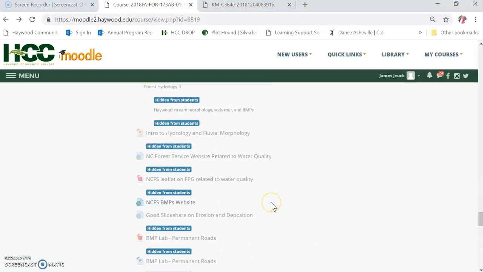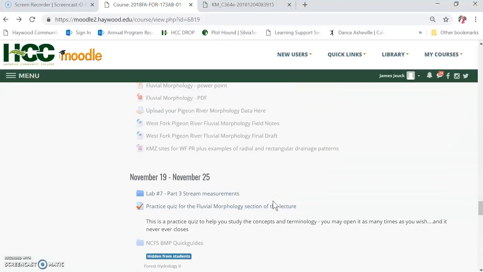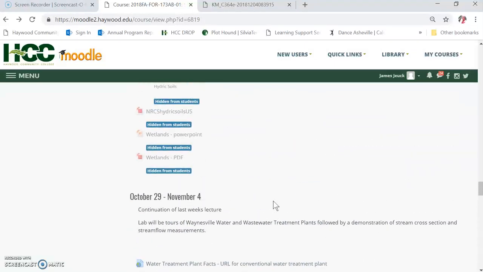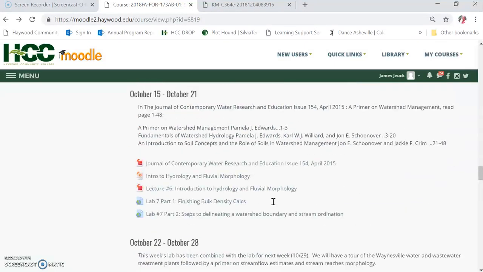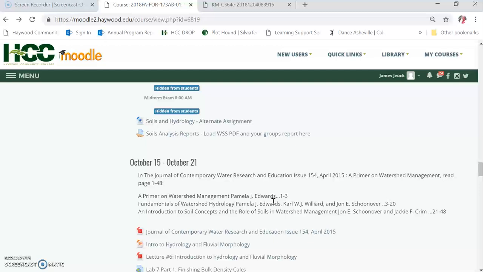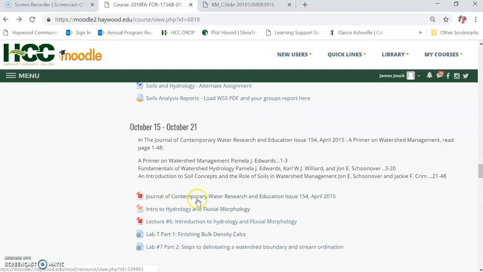Also, what I'm going to start off with, though, is this document that I had given you early on in the semester. I told you there are going to be readings out of it. So this Journal of Contemporary Water Research, in the study guide, you'll see where I point to certain readings out of here.